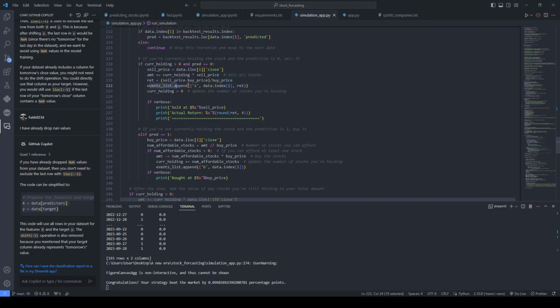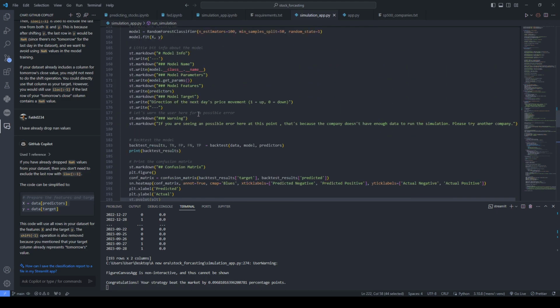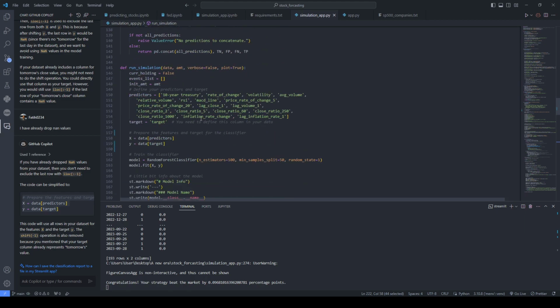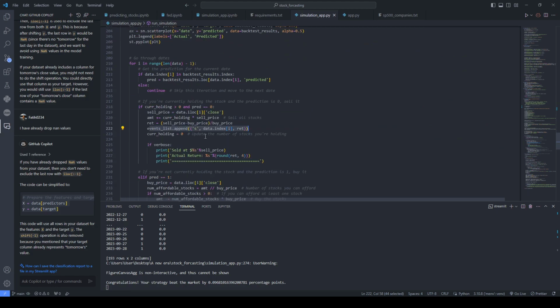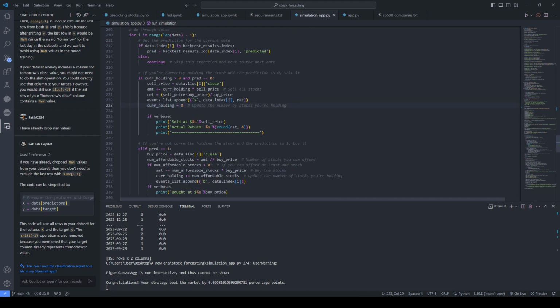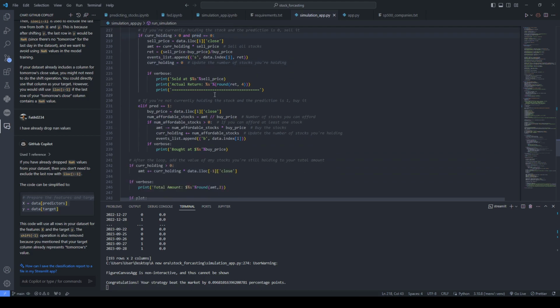And we're appending this into the list we initiated in the beginning. As a sell tag, we keep it as zero because we sold all of the stocks.